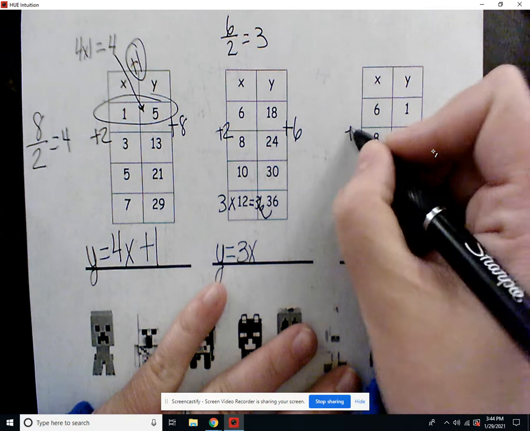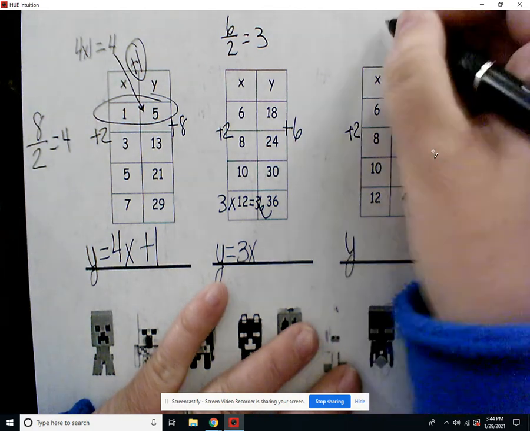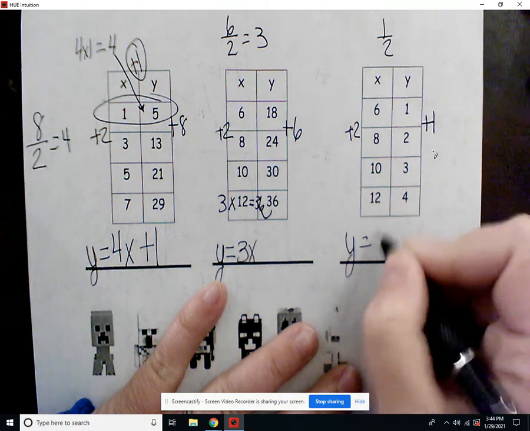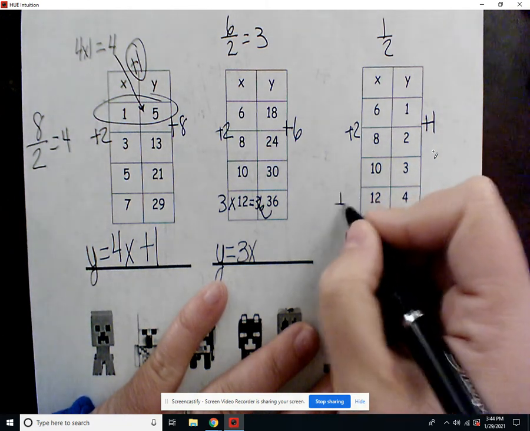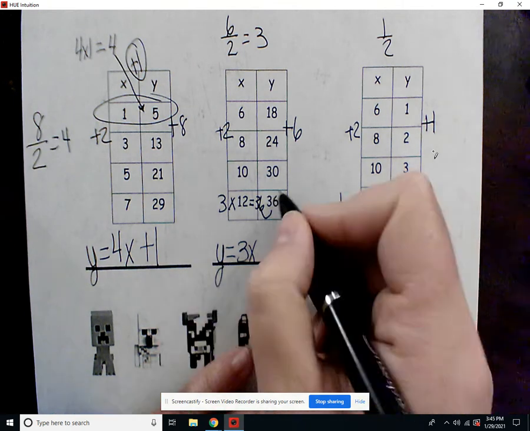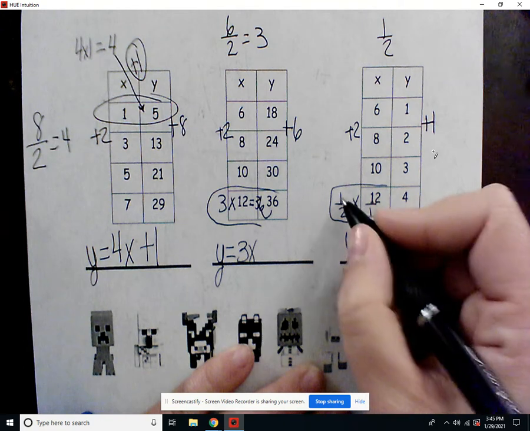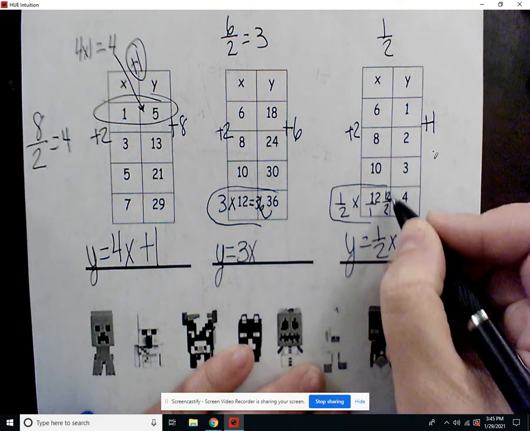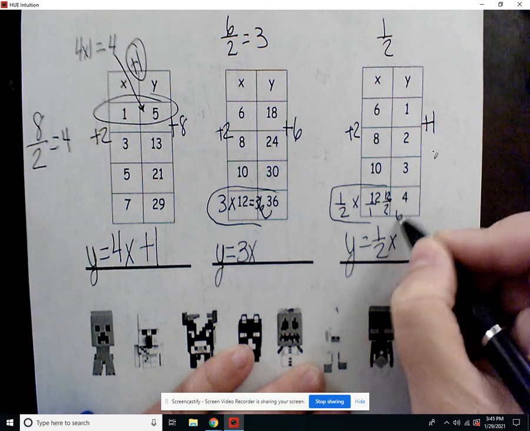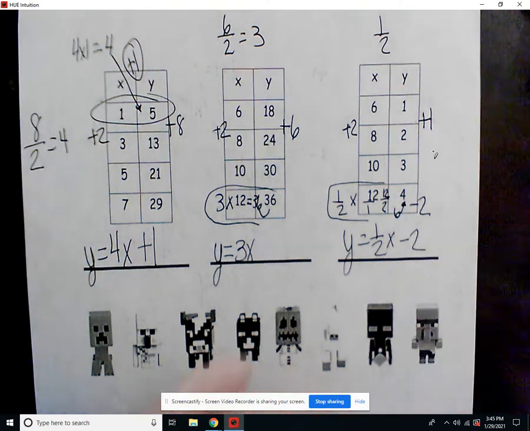Okay, this one we're adding 2's for our x's, 1 for our y. So this one's going to be 1 over 2, or 1/2 x. So we're going to do 1/2. I'm going to pick 12. Put over 1. 1 times 12 is 12. 2 times 1 is 2. So 12 over 2 is 6. And how do I get from 6 to 4? Minus 2.